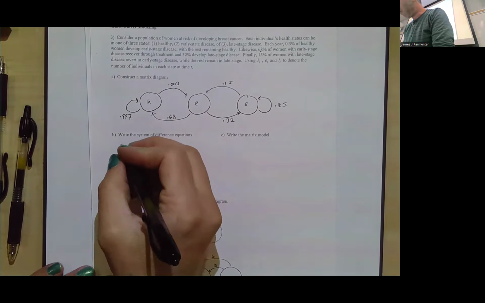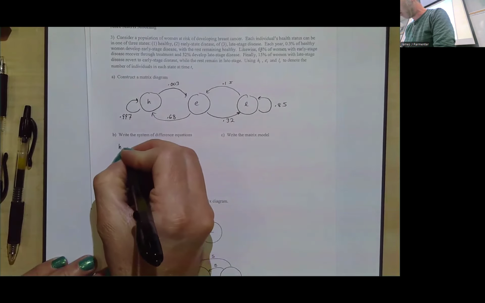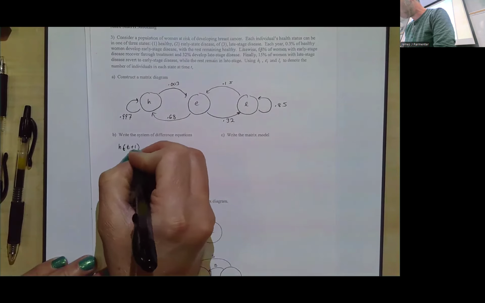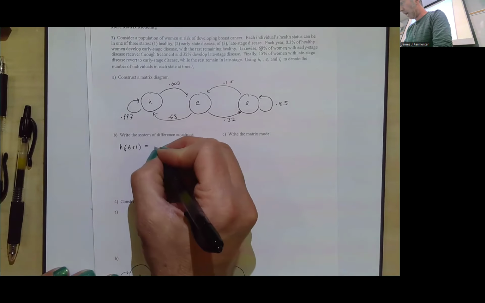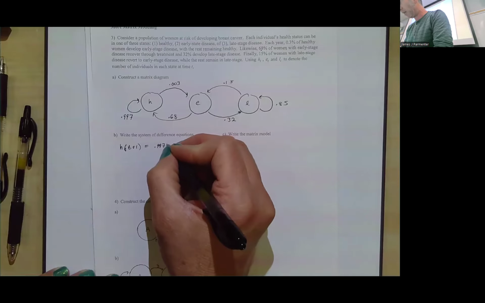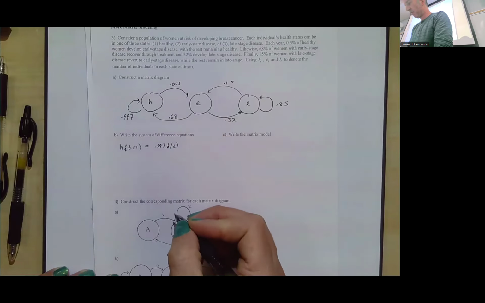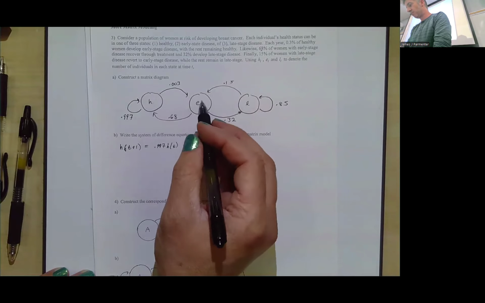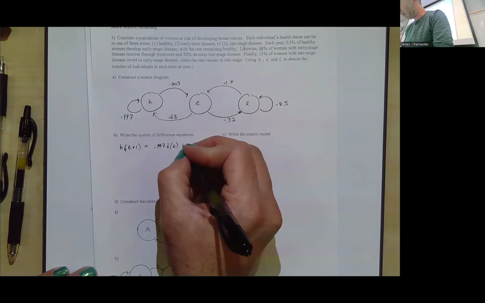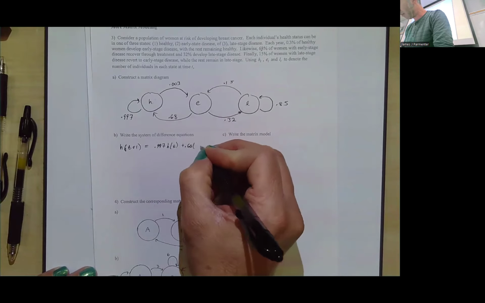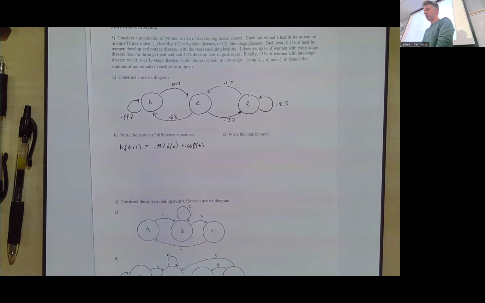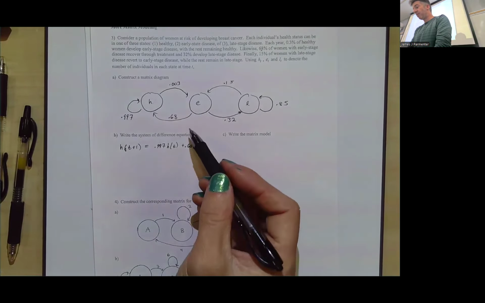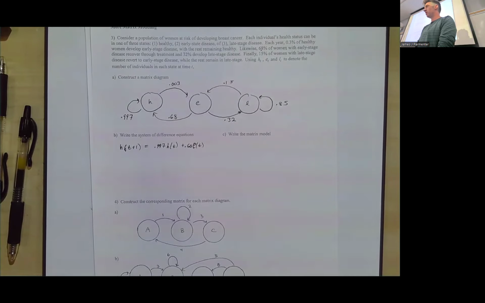So for the healthy people next year, H of t plus 1, it's going to be 99.7% of the healthy ones from this year, plus 68% of the early stage disease from this year. Sorry, my notation's not the best there. Basically, everything going into the healthy circle is what should be giving us that equation.